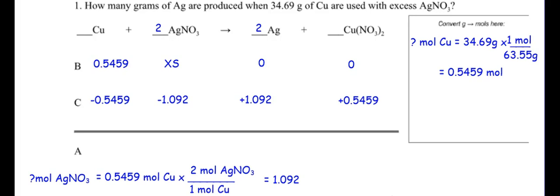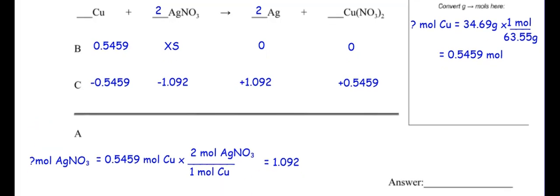So let's fill in these last numbers here. We have a 0, right? Because I've used up all my copper. All my copper is gone. So what about this next one? Lots and lots and lots of silver nitrate minus 1.092 is still lots and lots, all right? I don't know how much. And then 0 plus 1.092, and there you go, okay?